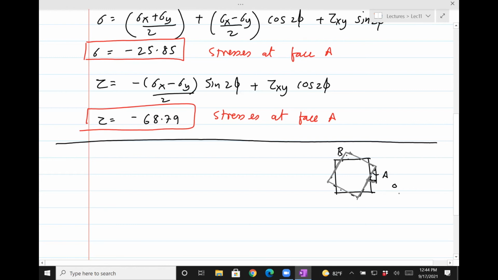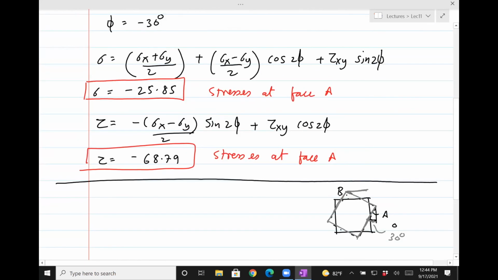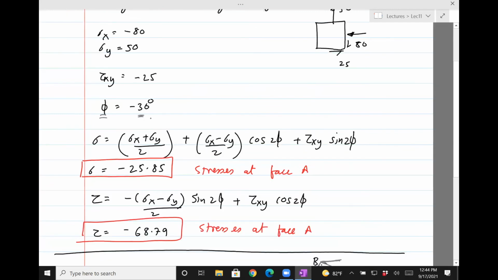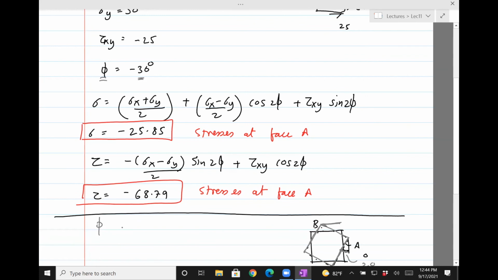That's 30 degrees. So I need to find the corresponding angle for B. I have the same formula now. This phi only gives me the stress for face A when rotated by 30 degrees. I need to find a similar value for face B.